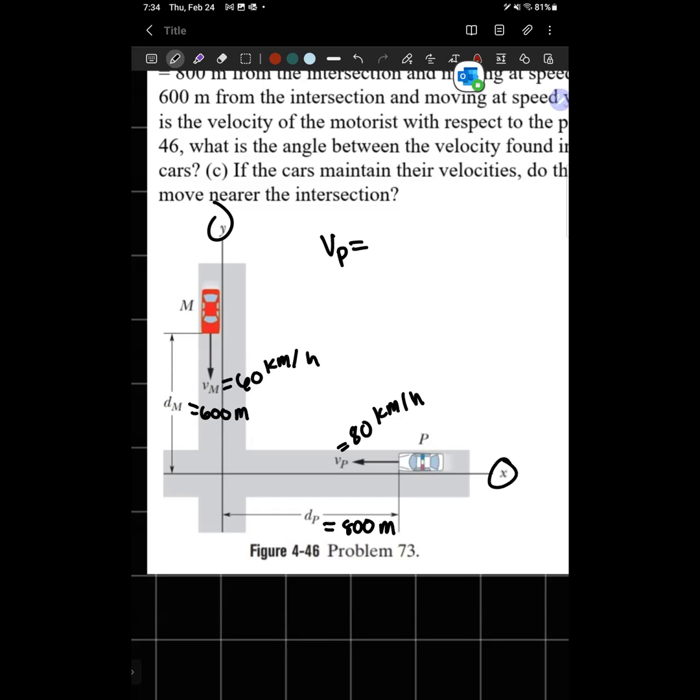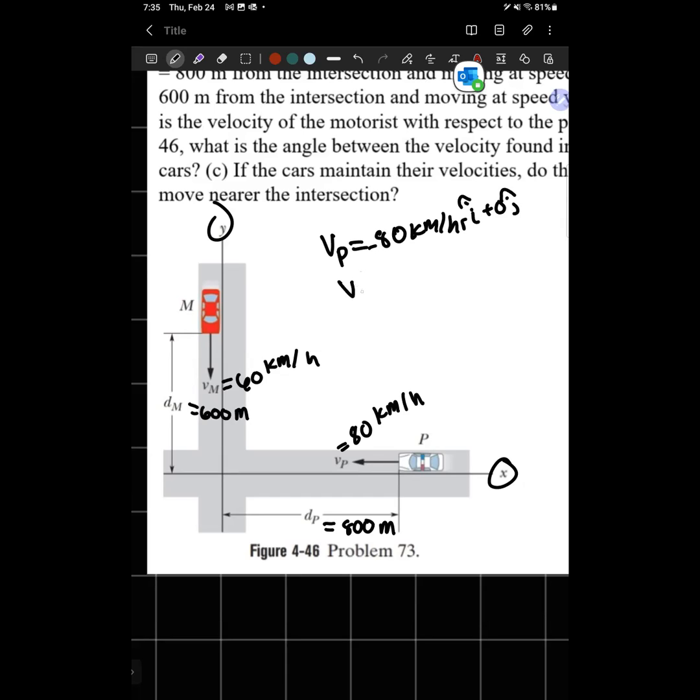So VP is 0 i hat minus 80 kilometers per hour j hat.